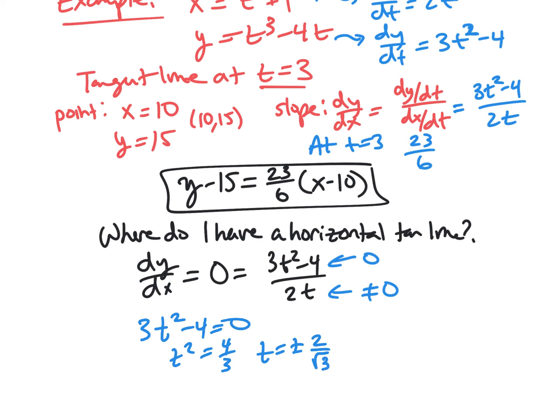And so this tells you when, but not so much where, right? If you wanted to find the where, you would plug these t values into x and y to find the points where this happens.